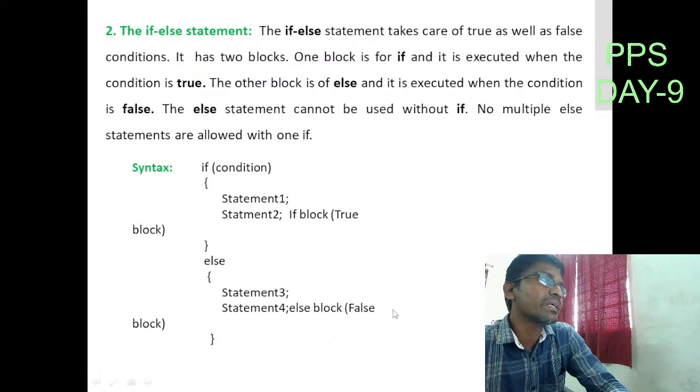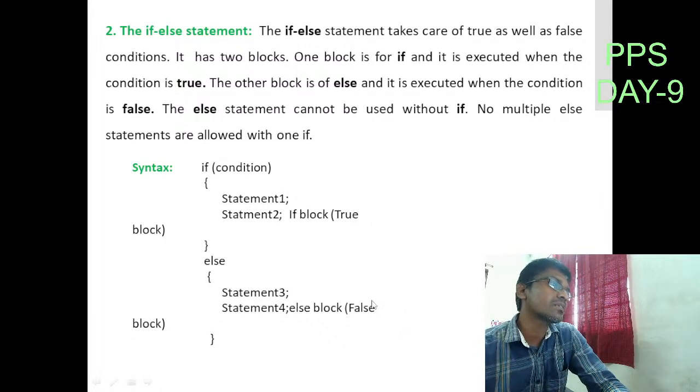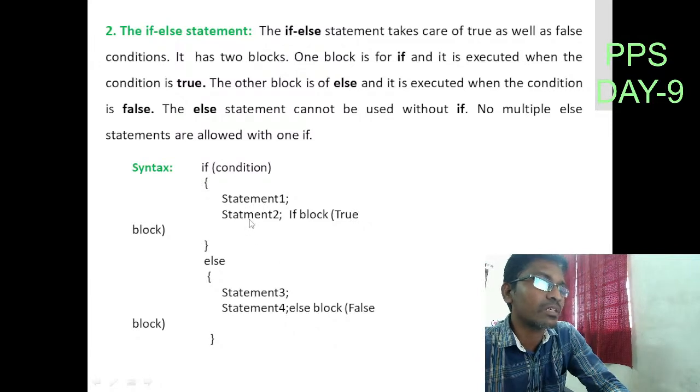Now coming to the second one, the second conditional statement is the if else statement. Here the if else statement contains two blocks: a true block and a false block. Whereas in the previous first condition, there is only the if condition and no else block, so only if the condition is true will it execute the statements.